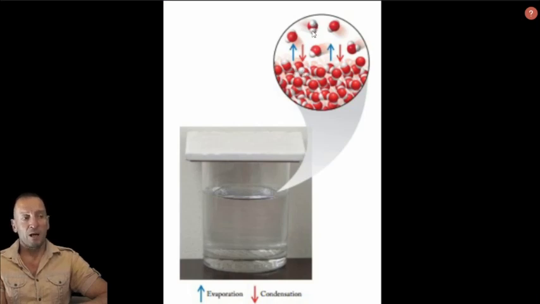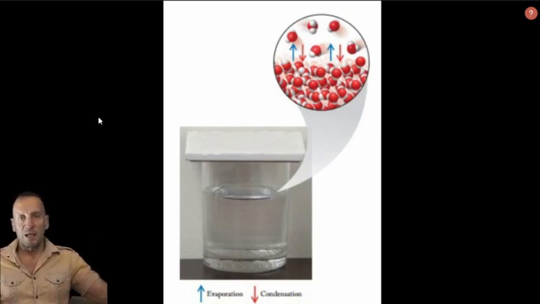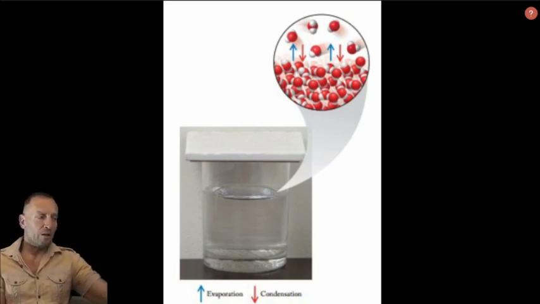Some of them get slow and they return back to the water. If the lid is off, the air is going to blow them away. Even if there is no wind, they are going to disperse in the air, because all the gas substances, as we studied, try to get diffused, try to get dispersed through the space. So they're going to get diffused.